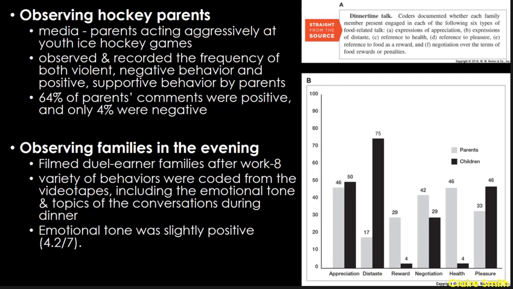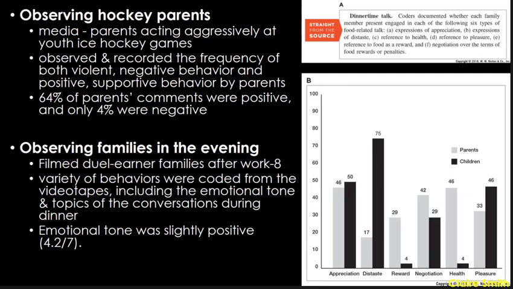So they did observational research where they observed and recorded the frequency of violent, negative behavior, and then positive or supportive behavior by parents. And they found that 64% of parents' comments were positive, 4% were negative. So the self-reports or questionnaires weren't accurate in assessing the overall comment positivity or negativity at the hockey games.